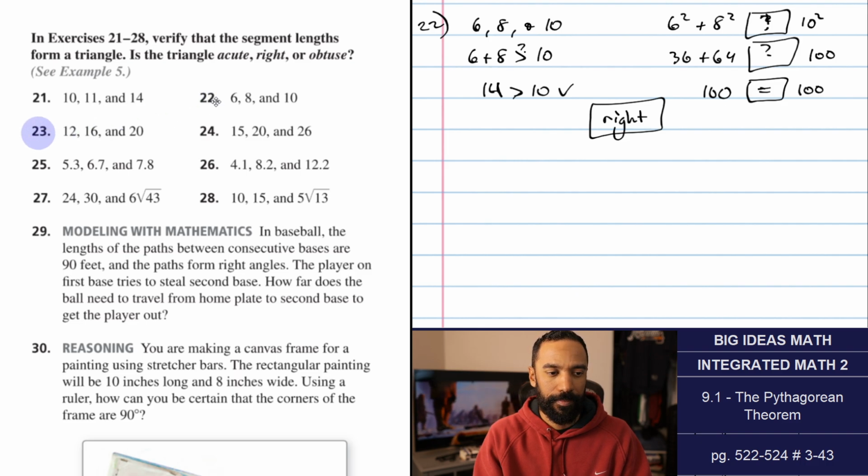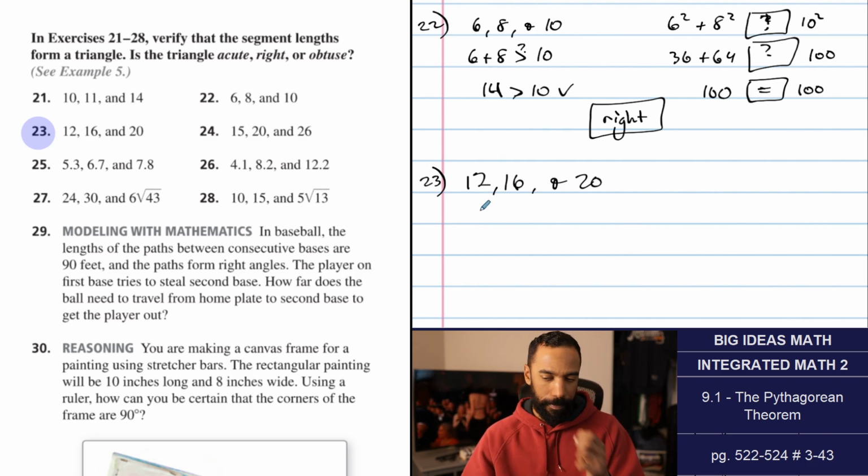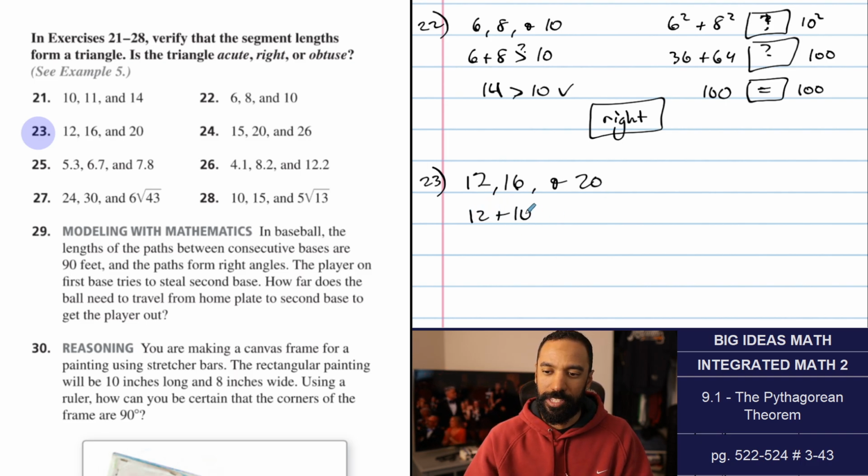Number 23. 12, 16, and 20. Also a 3, 4, 5 triangle. Actually, this was also a 3, 4, 5 triangle. So, not much diversity. 12, 16, and 20. Is 12 plus 16 greater than 20? 12 plus 16 is 28. 28 is greater than 20.